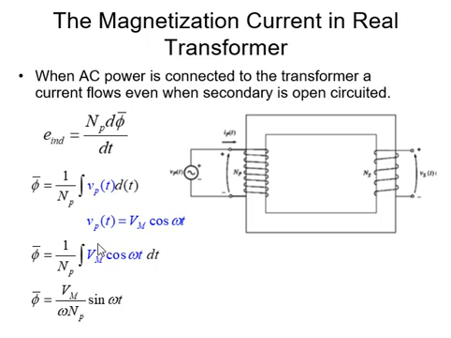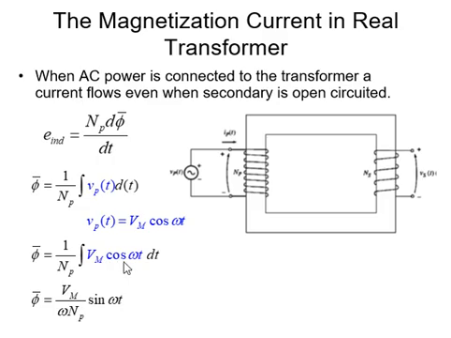This Vm cos omega t is substituted into this equation to get this simple equation, and after solving this integral of cos omega t with respect to dt, we will get sin omega t over omega, and this omega has come from solving this integral.